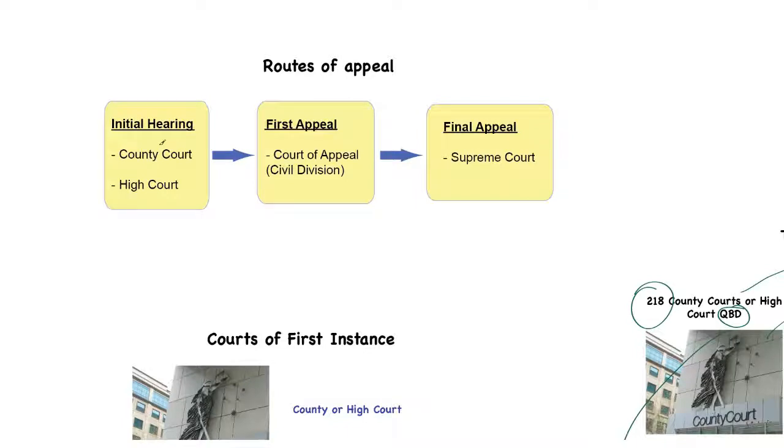The initial hearing is heard in either the county court or the high court. The first appeal will be heard in the Court of Appeal Civil Division, and the final appeal will be heard in the Supreme Court. However, there are occasions on which we might have a leapfrog appeal direct from the initial hearing to the final appeal in the Supreme Court, and I'll discuss those later.